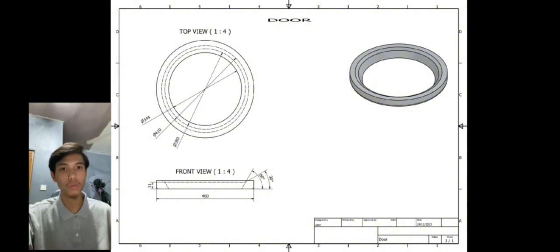From the front view, the total length is 460 millimeters of diameter and the height is 31 millimeters. So the function of the door is used as an access to place clothes into the drum section and also to ensure that clothes do not fall out of the drum during the operations.